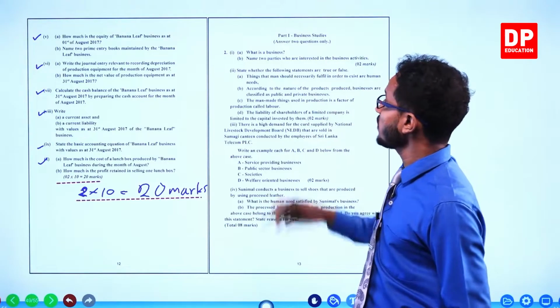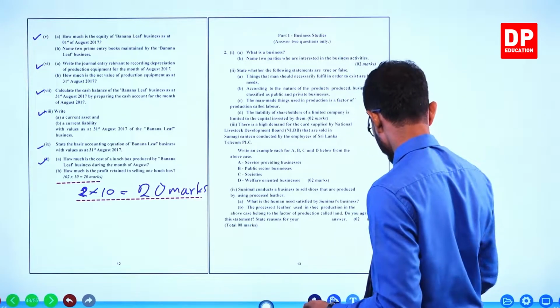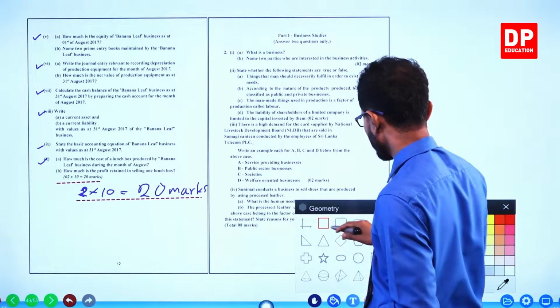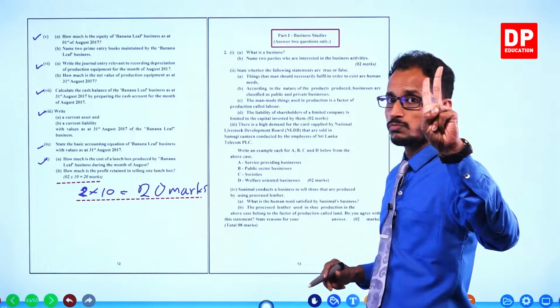Next, we have the business studies part. That is the first part of the paper. The business studies part has 3 questions. Out of 3, you should answer 2.